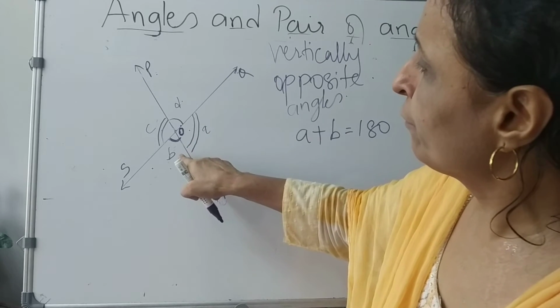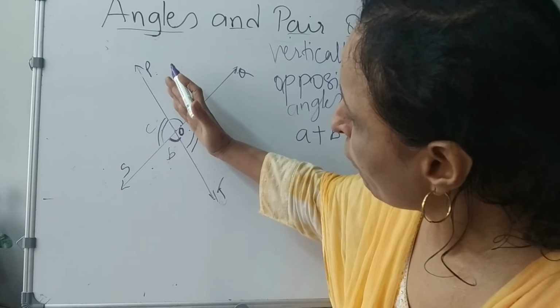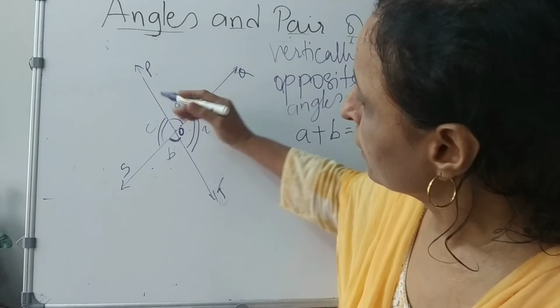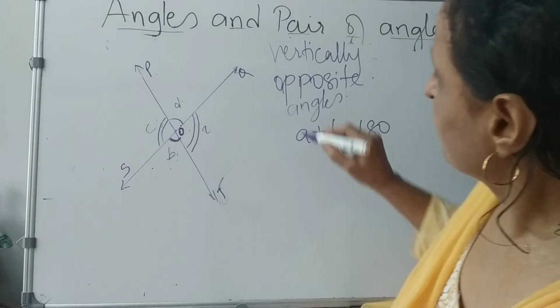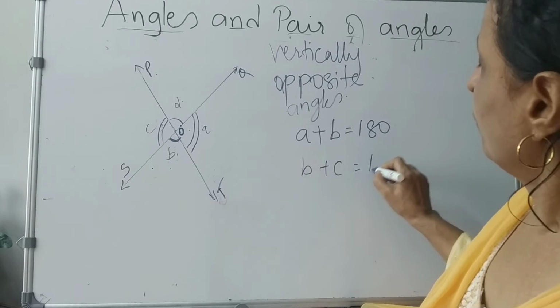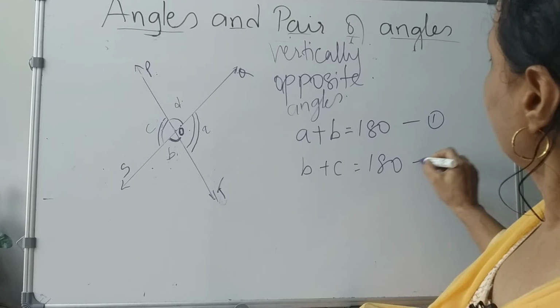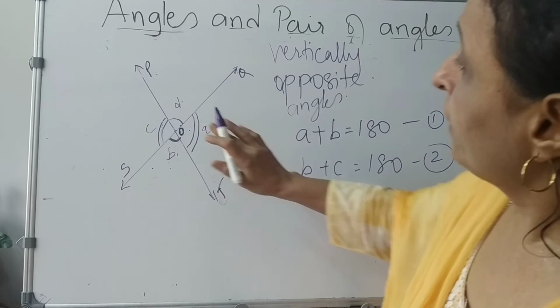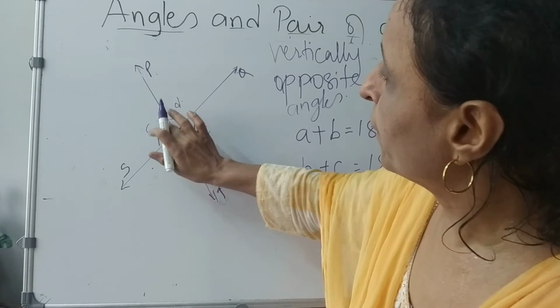Now again, B and C have been formed by the line PT. So these two are also a linear pair. Since these two are a linear pair, B plus C is equal to 180. Now you have formed these two equations by knowing that this is a linear pair and this is a linear pair.